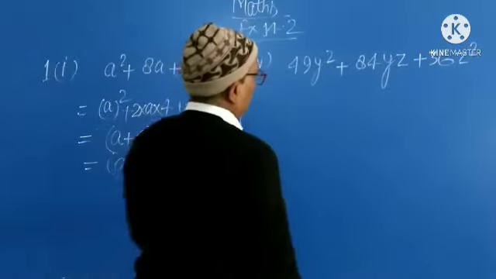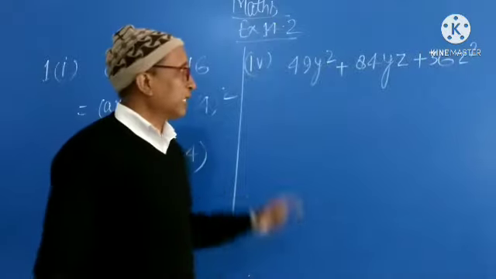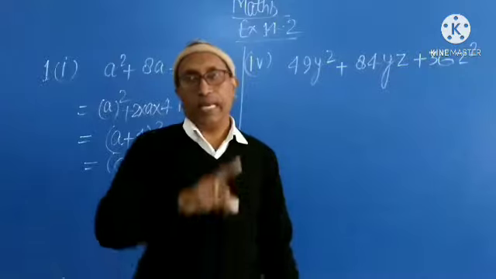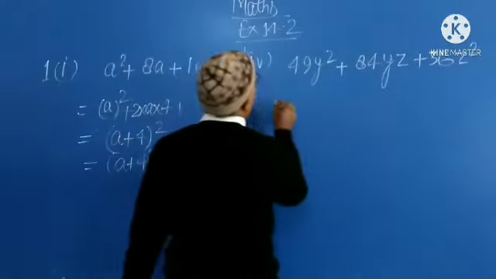I want to use here (a plus b) whole square. Then first of all I write this expression in the form of a square plus 2ab plus b square.